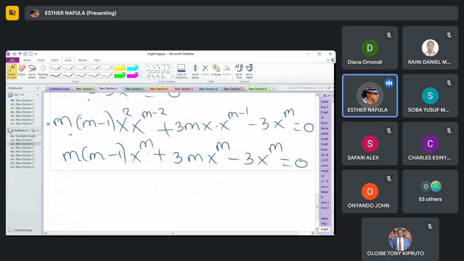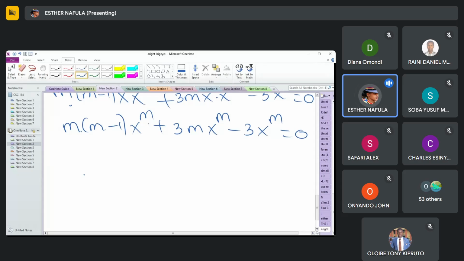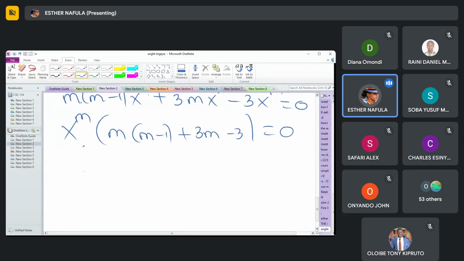We factor out x to the power m, it's common: x to the power m into m times m minus 1 plus 3m minus 3 equals 0. Now x to the power m cannot be equal to 0, therefore our auxiliary equation is m into m minus 1 plus 3m minus 3 equals 0.